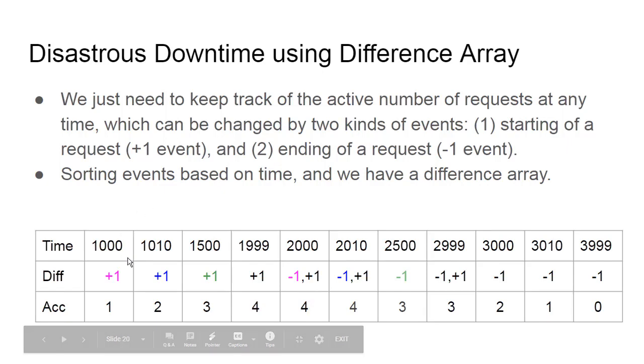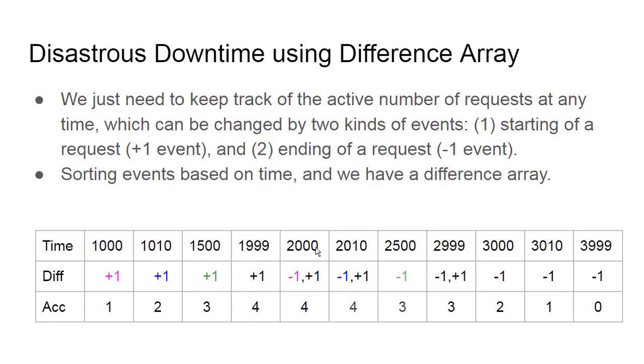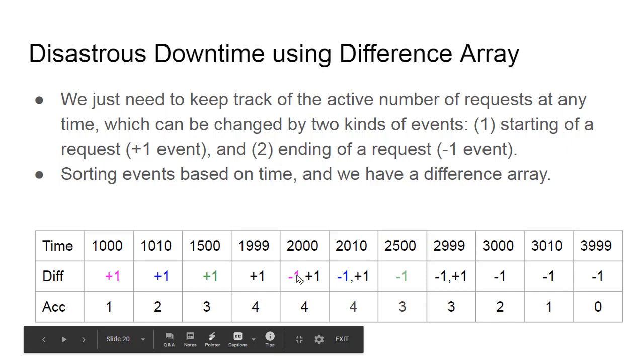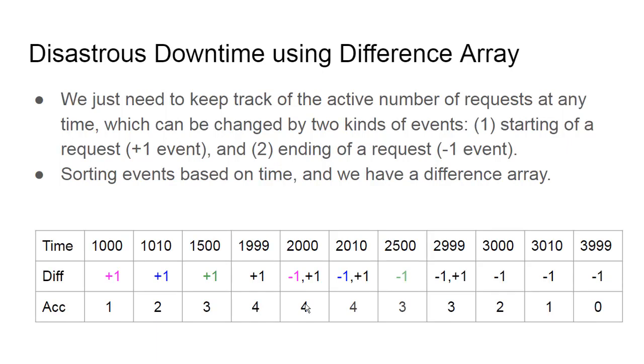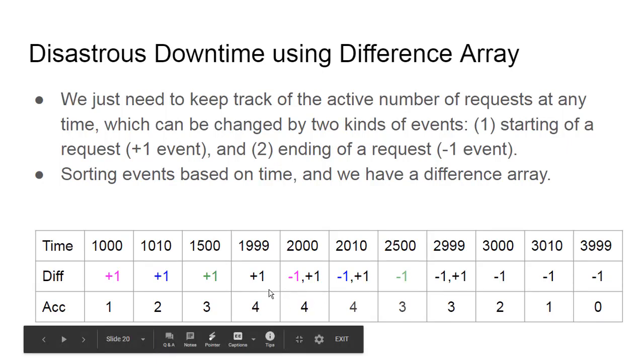Then as we scan through these events and keep adding the numbers we see to the array, at this point we will get the number 4 at 1999. And then at 2000, we need to do the subtract 1 first and then the plus 1, because at this time the event ended. If we do that, we will see the maximum number of concurrent events is also 4. So by going through the events and adding them up, we get the total number of active events.